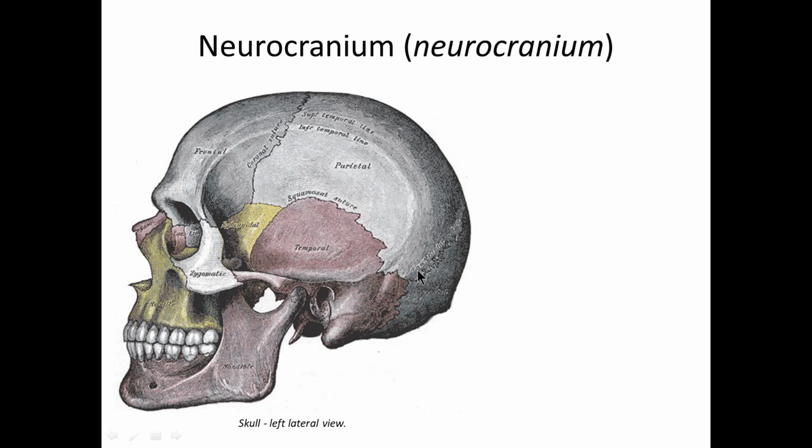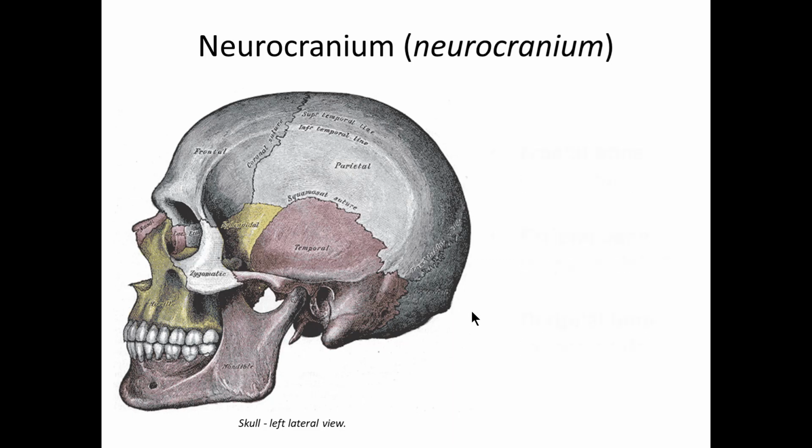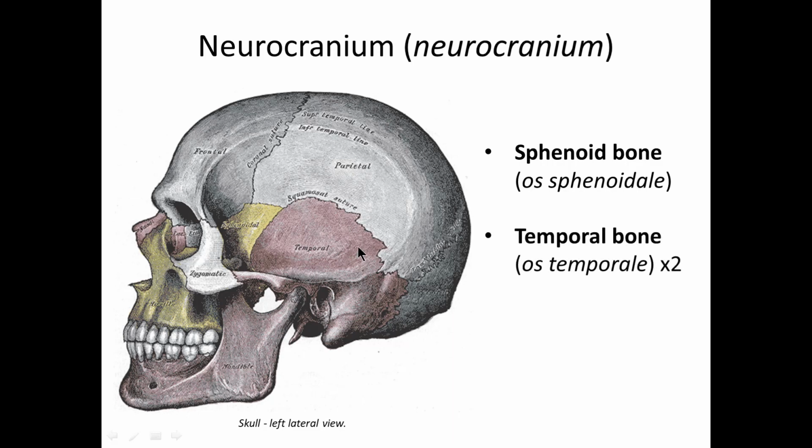These are the frontal bone, paired parietal bones, occipital bone, the sphenoid bone here, paired temporal bones here and here, and the ethmoid bone, which we will not see in this picture, but it is located here.